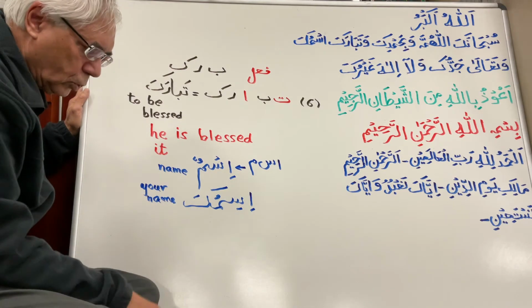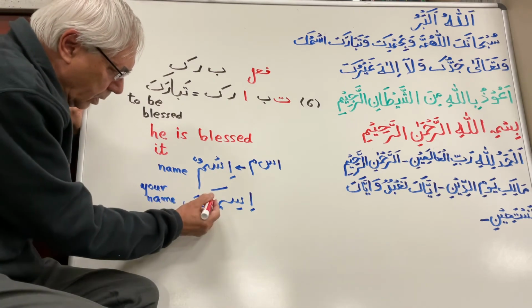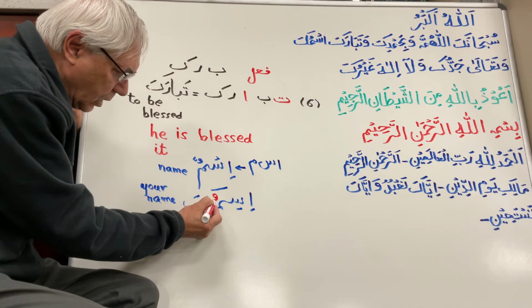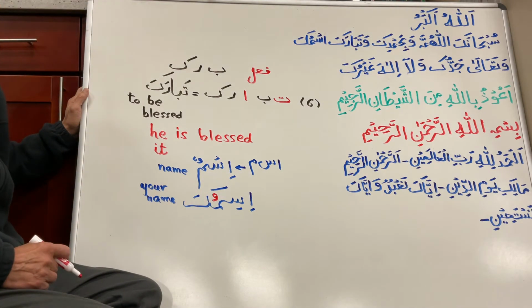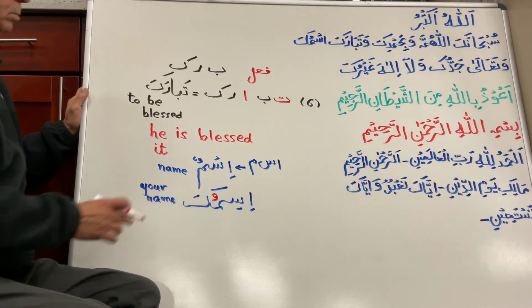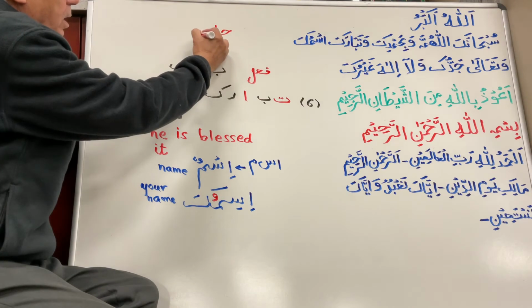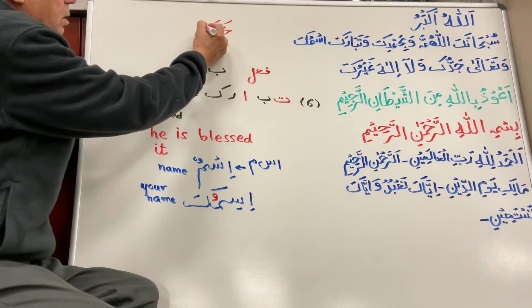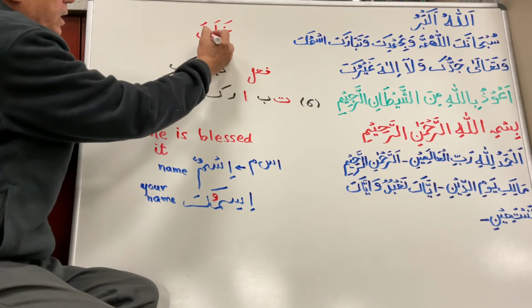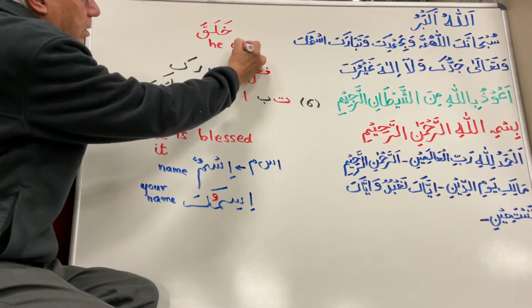Now I want you to pay attention to what is on the meem here. Originally it was two pesh, now it is only one pesh. Ismoka. Look at this word. Khalaqa. He created, right? We have been following this format.